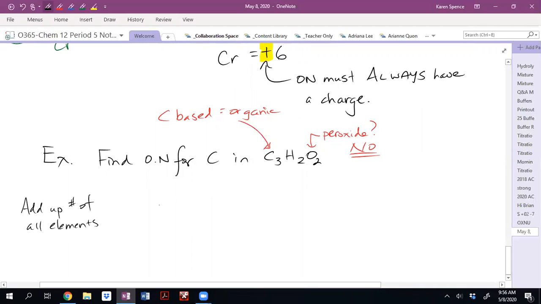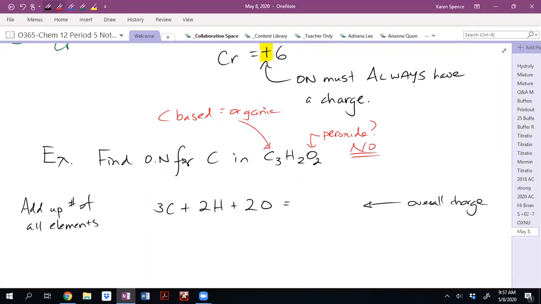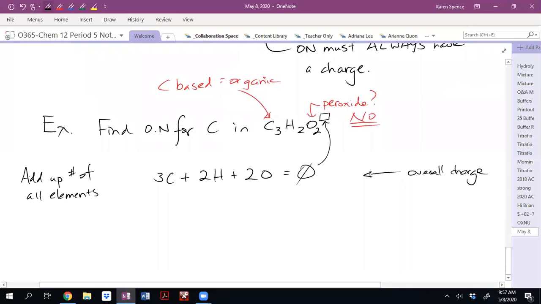So there are 3 carbons plus 2 hydrogens plus 2 oxygens, and that's going to equal the overall charge of the species, which in this case is 0, because there's no little charge up here. So our overall charge is 0. The second thing we're going to do is sub in known oxidation numbers.